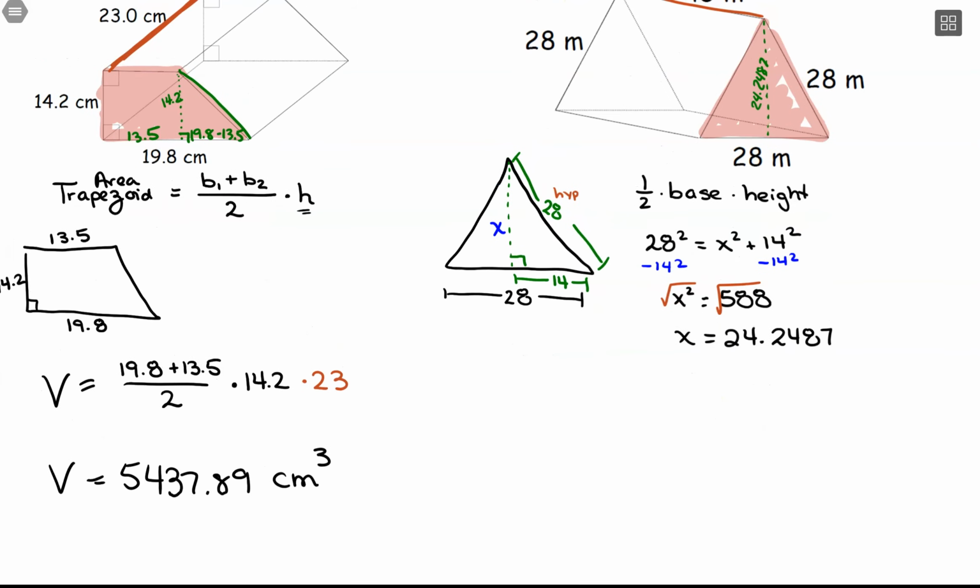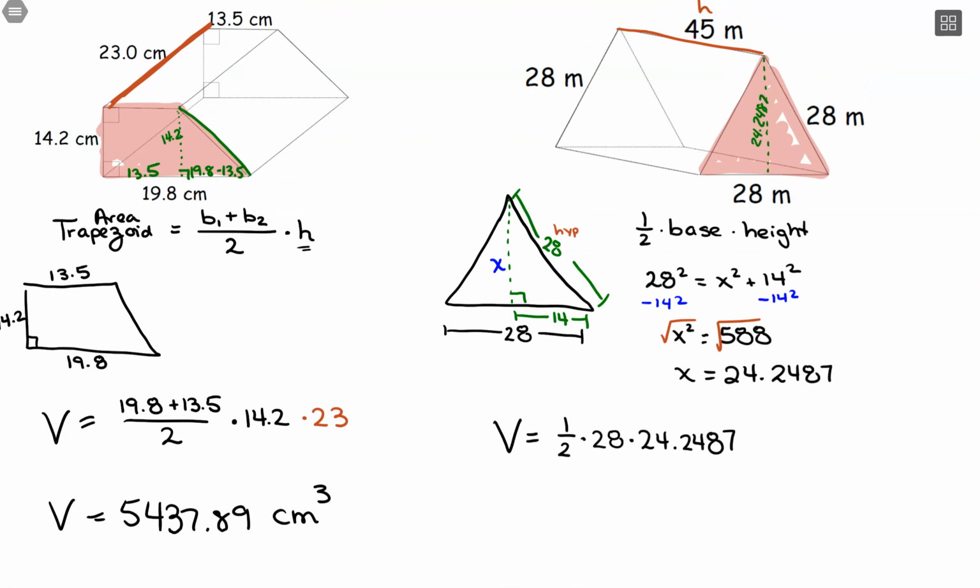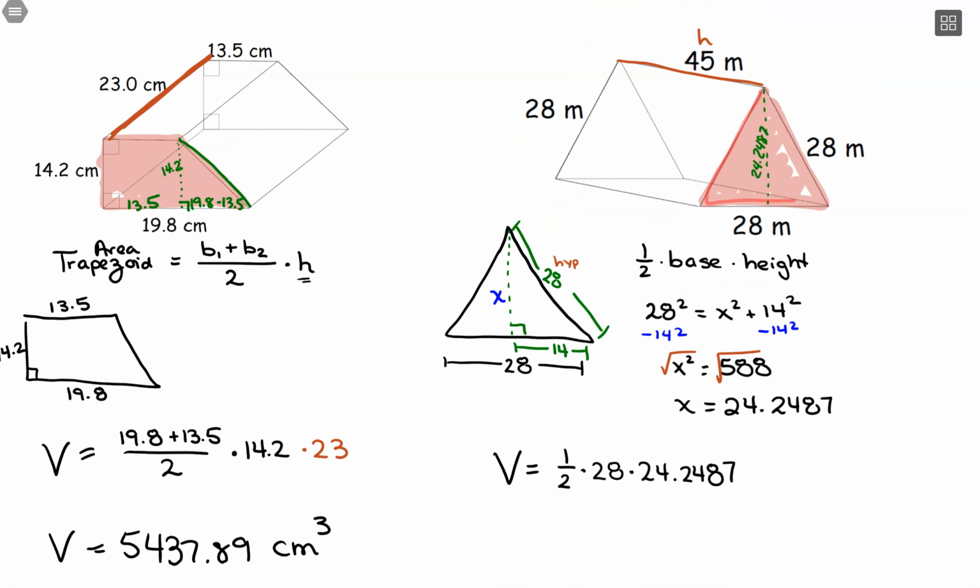So if I want the area of the base, or the area of this triangle, we take 1/2 times the base of that triangle, which would be the 28, times the height of that triangle, which is that 24.2487. So that finds the area of the triangle. If I want this to be volume, then what I would need to do is take the area of that triangle and multiply it 45 times.